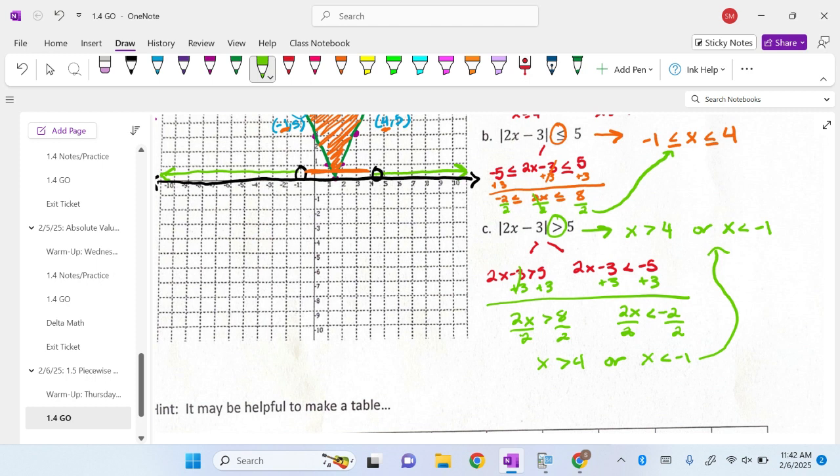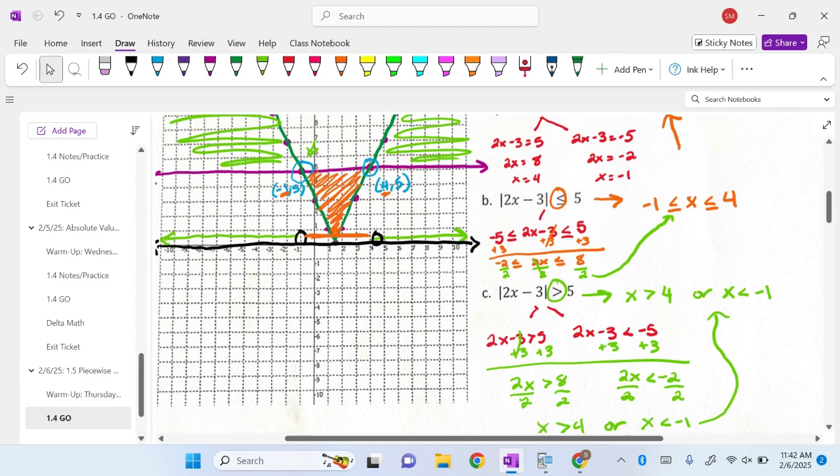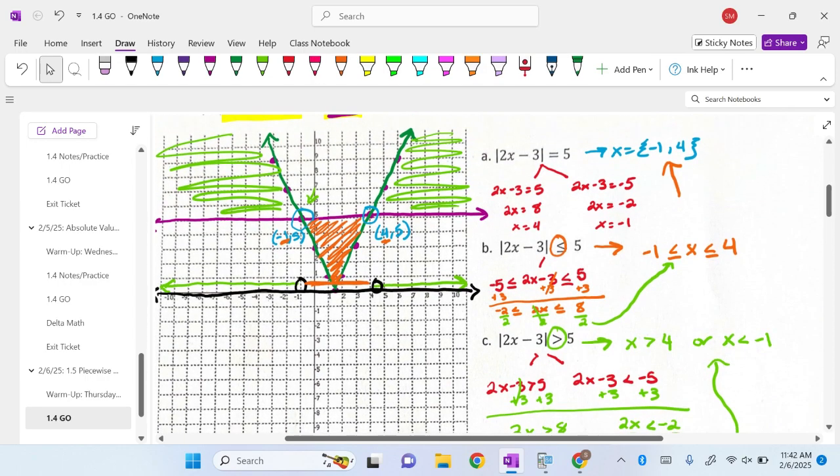So, does everyone understand how they can tell the difference, especially when they're looking at it from a graph standpoint? Does it kind of make sense? If you're looking at a two-dimensional graph, so it has an x and y, after you graph both sides of the equal sign, don't worry about the y-axis anymore. It's irrelevant.